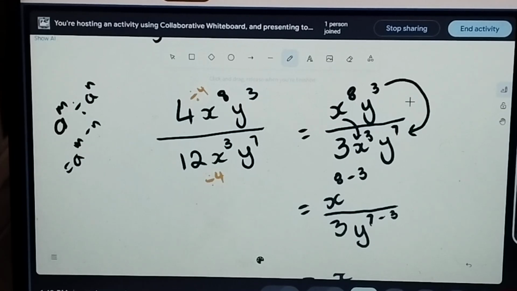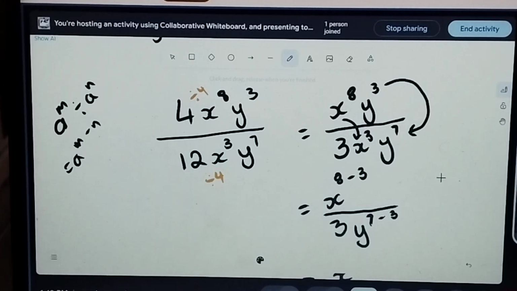Okay, so the answer is going to be x to the 8, 3y over 3x to the 3, y to the 7, which is x to the 8 minus 3, 3y to the 7 minus 3.